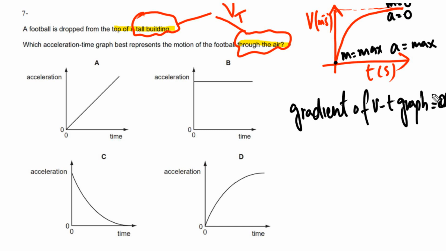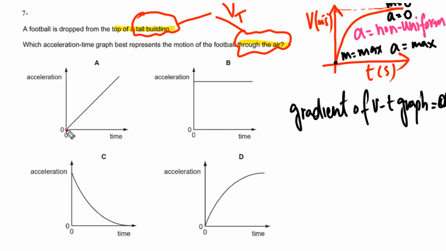Now if we have this understanding, we can find the best possible option. Also we need to understand a is not uniform. It's non-uniform because its value is changing with time.